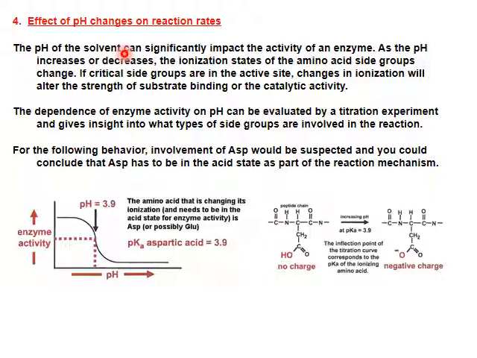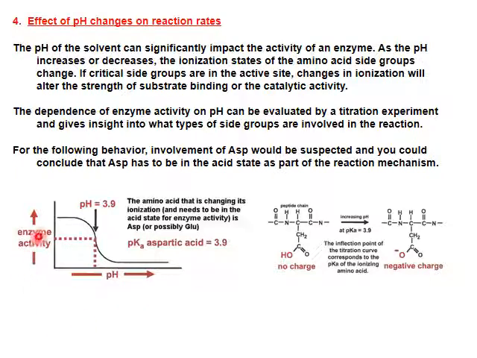So you do a variety of different pHs and you make your enzymatic Michaelis-Menten type measurements to see how your enzyme is behaving, and then you plot enzyme activity as a function of pH. So you do it at different pHs and you get the enzyme activity.